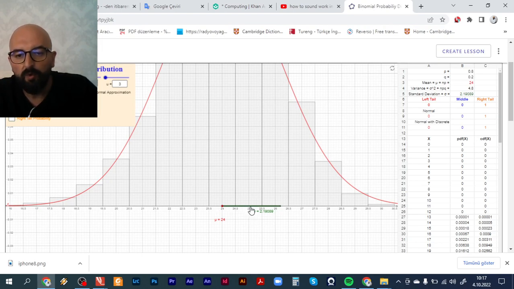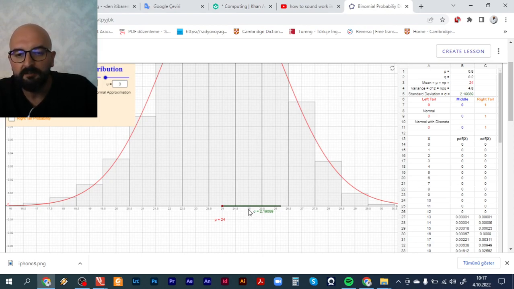So if you want the area from 25 to negative infinity, you need continuity correction.